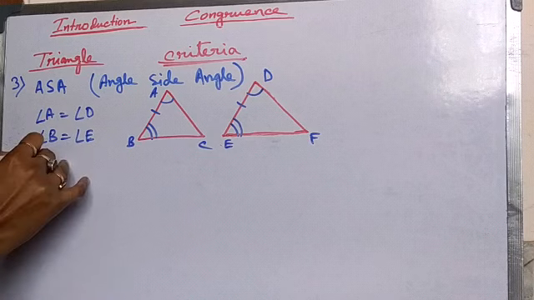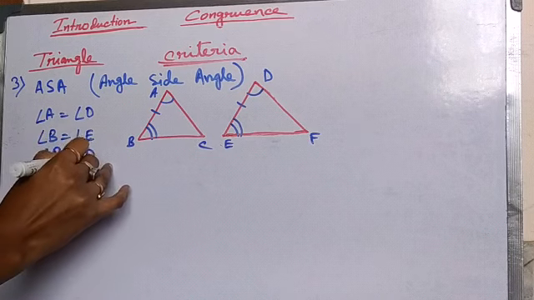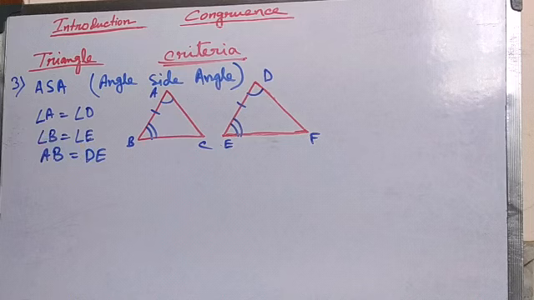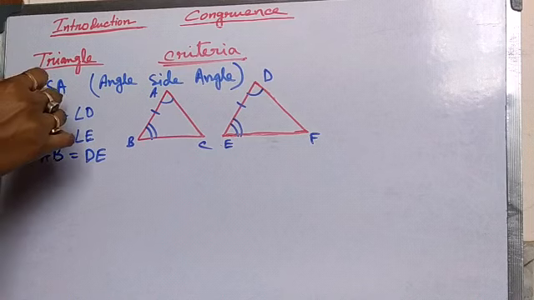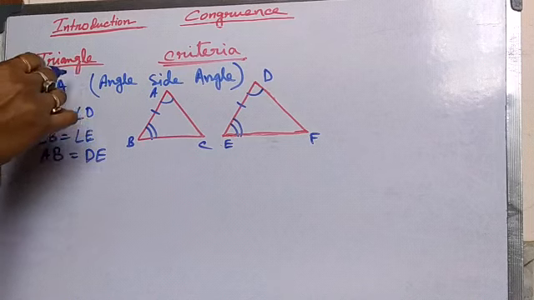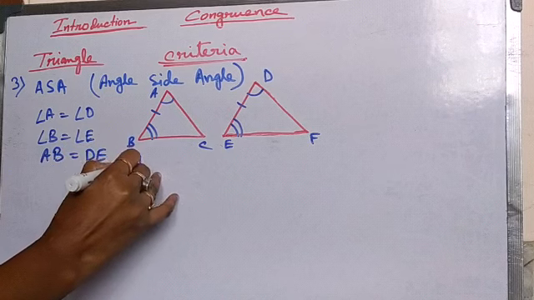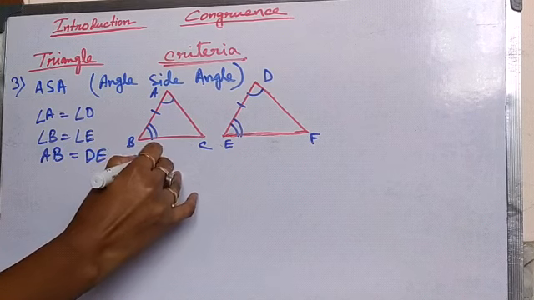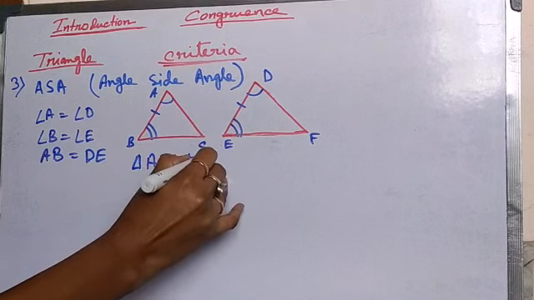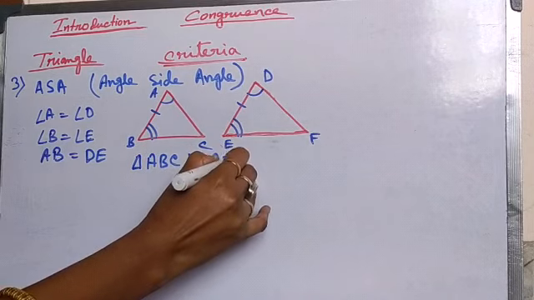Here AB equal to DE. Then by this criterion, the angle side angle property holds to prove that these two triangles are congruent. That means triangle ABC is congruent to triangle DEF.